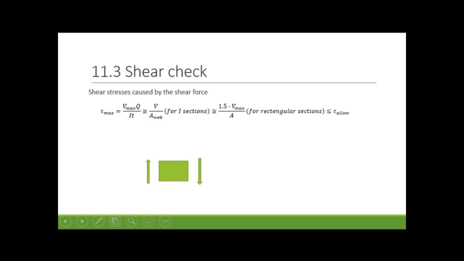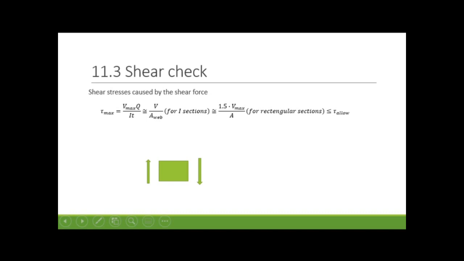Mostly for I sections we have a shortcut formulation to simplify this, because finding Q is much more complicated. We divide V by the web area. For I sections we can use this shortcut. If we have a rectangular section, we can use 1.5 times V max divided by A. In some questions we can use these formulations to simplify our calculations.